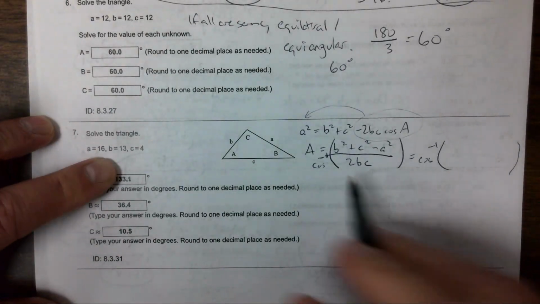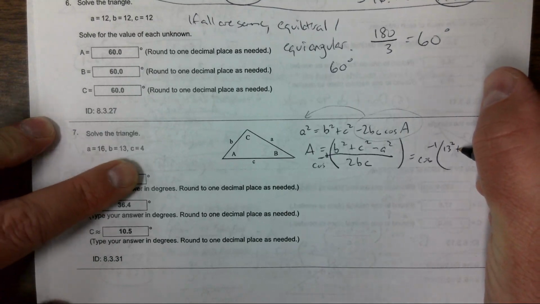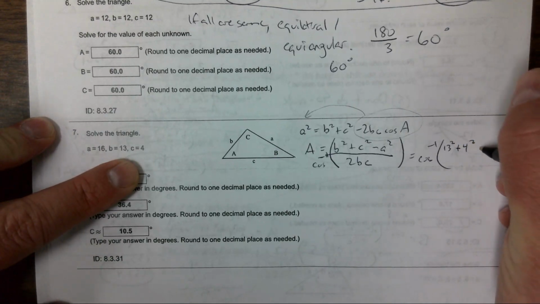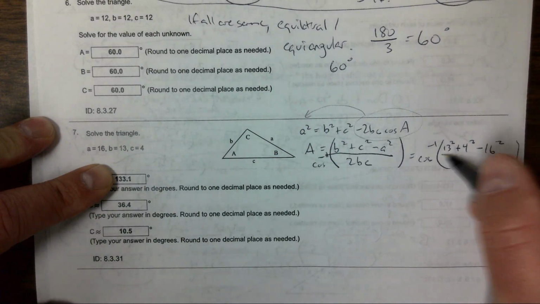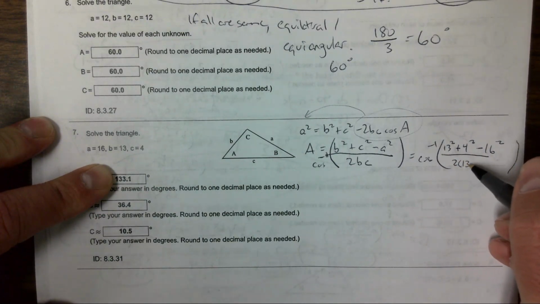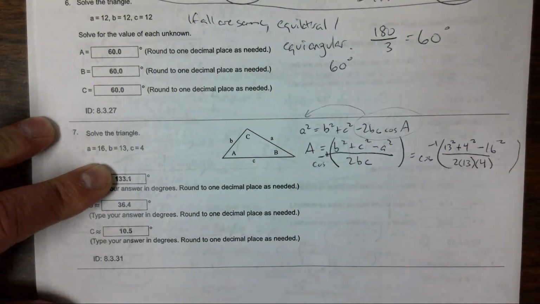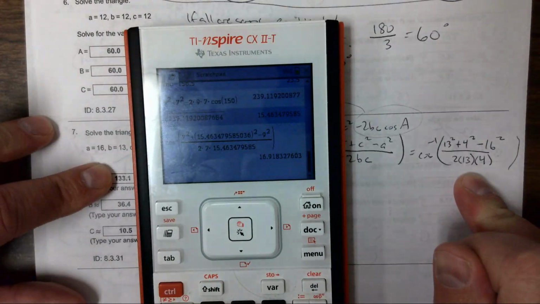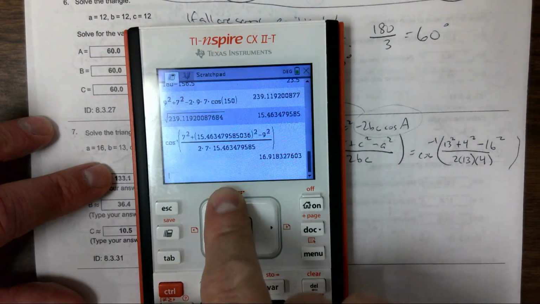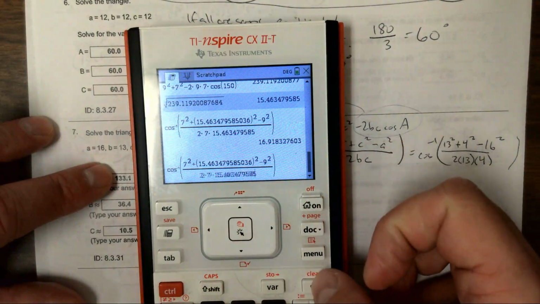Okay, b is 13 squared plus c squared minus a squared over 2 times b times c. So the advantage of this one is you don't have to use the answer button, but it is a lot of numbers.